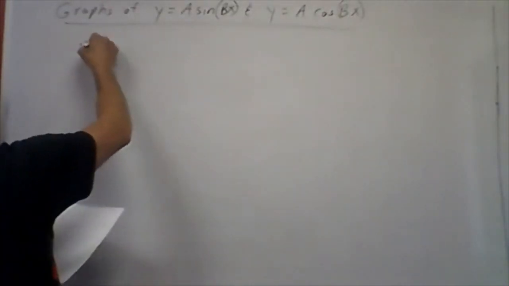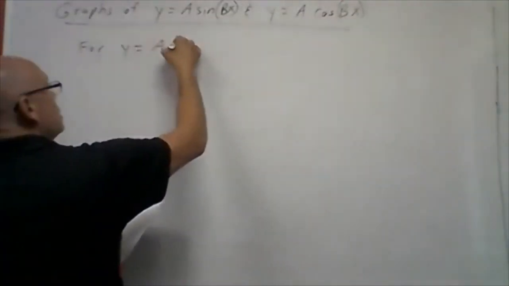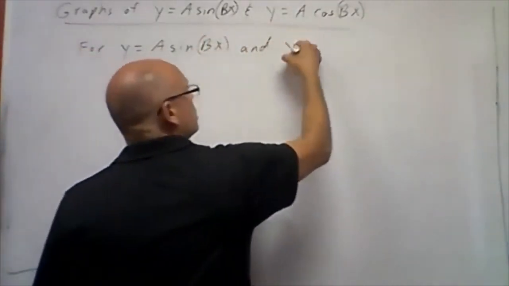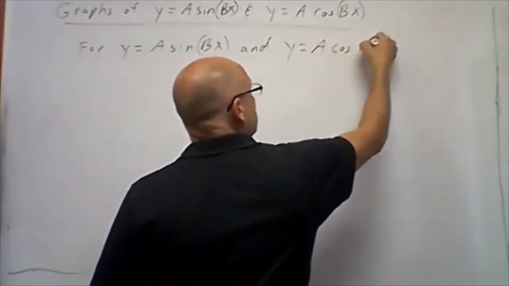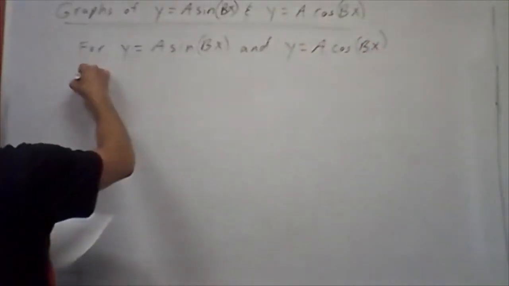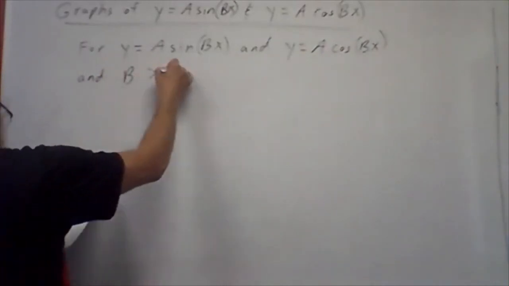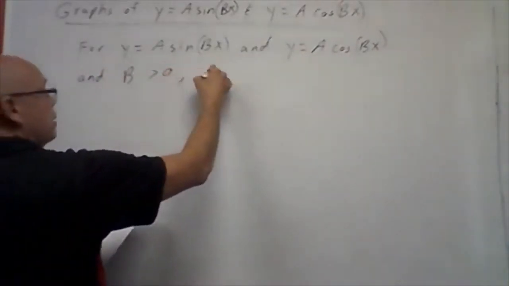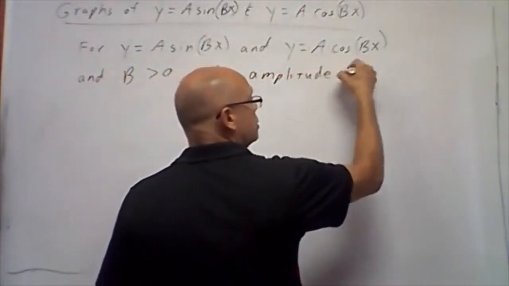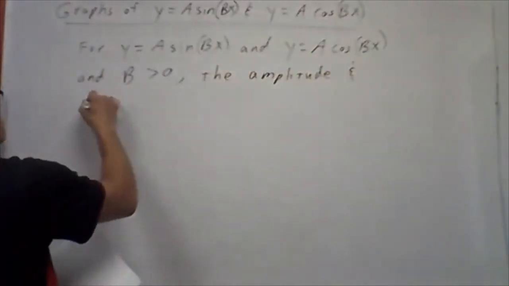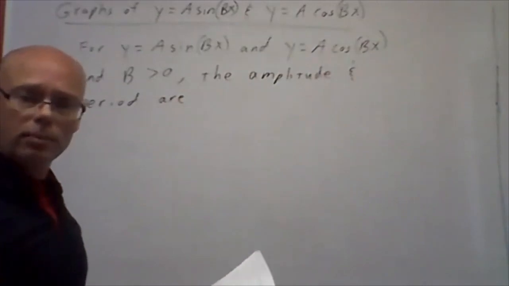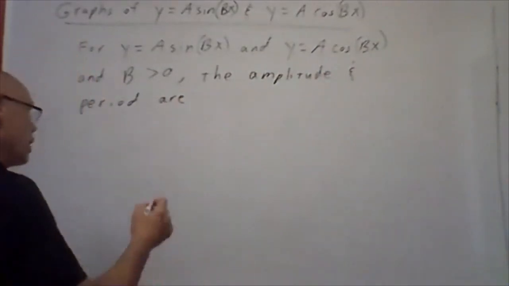For y is equal to a times the sine of bx, and y is equal to a times the cosine of bx, and b is greater than 0, the amplitude and period are... now they say "are" like your book says, but I think of it as this is the way you find them.